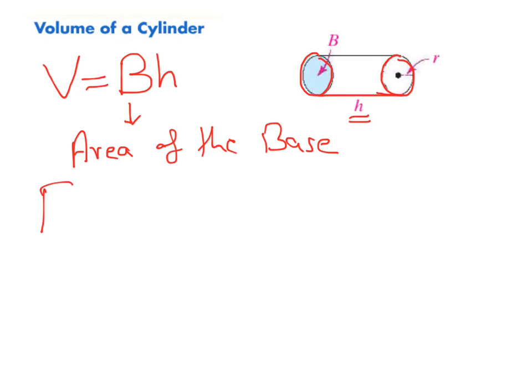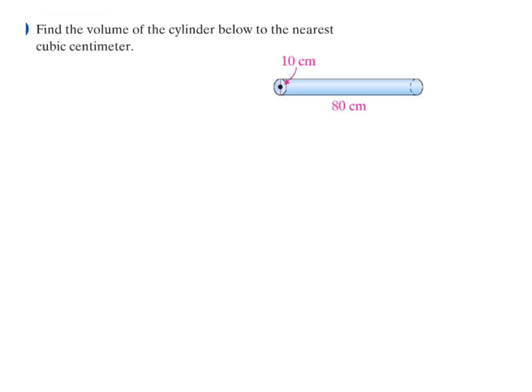And what is the formula to find the area of a circle? It's pi r squared, and r is the radius of the circle. Find the volume of a cylinder to the nearest cubic centimeter. First of all, in this, the diameter is 10 centimeters.